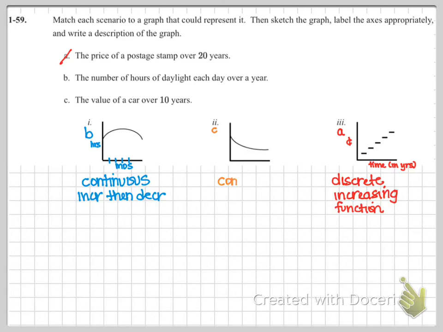So I'd say this is continuous. It's definitely decreasing over time, unfortunately, but true. It is a function. We would have said that on the first graph also, that it was a function.